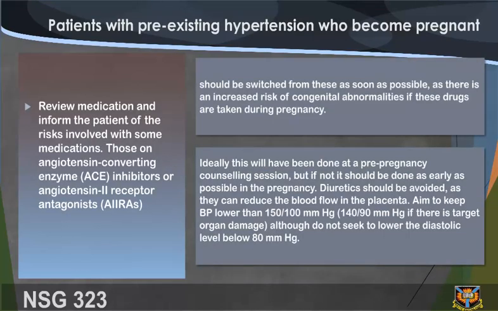Patients with pre-existing hypertension who become pregnant. Review medication and inform the patients of the risks involved with some medications. Those on angiotensin converting enzyme ACE inhibitors or angiotensin II receptor antagonists, AIIRAs, should be switched from these as soon as possible, as there is an increased risk of congenital abnormalities if these drugs are taken during pregnancy.